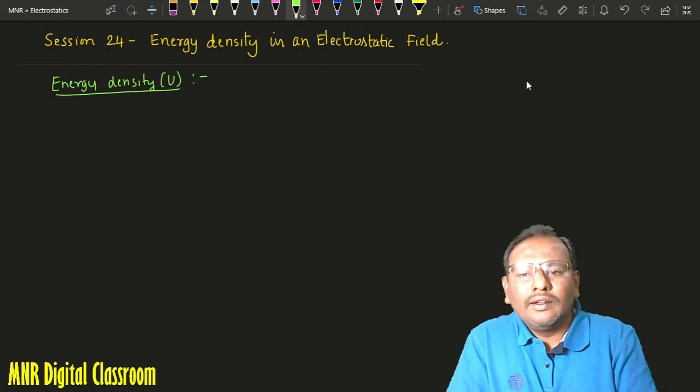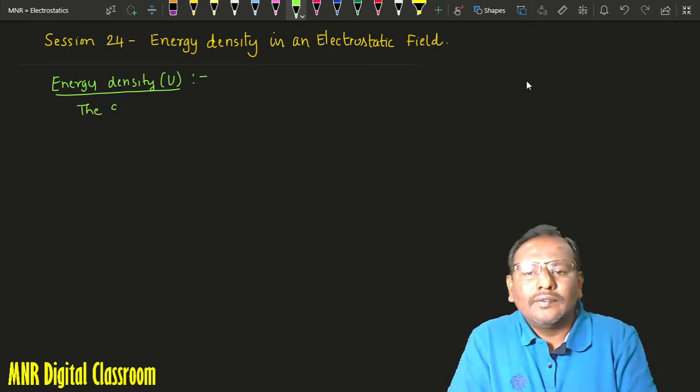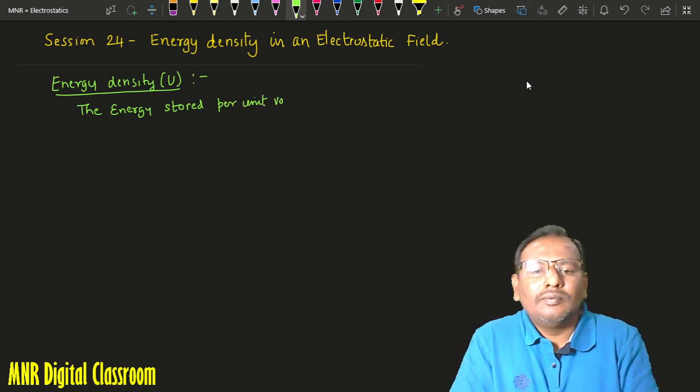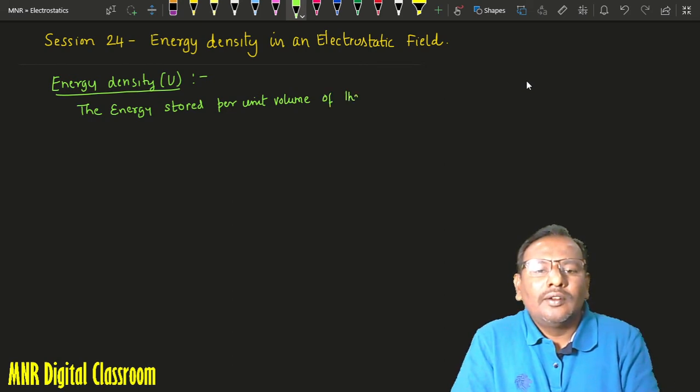It is the energy stored per unit volume of the medium.